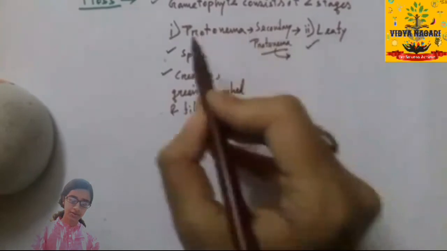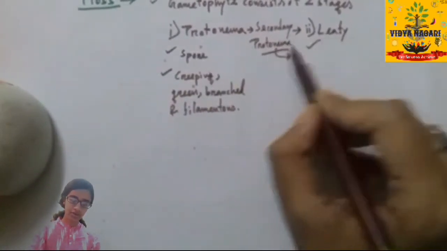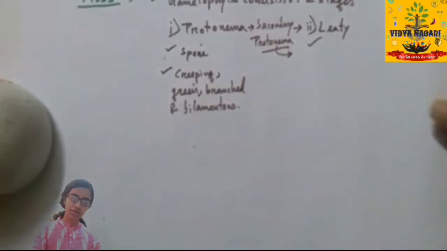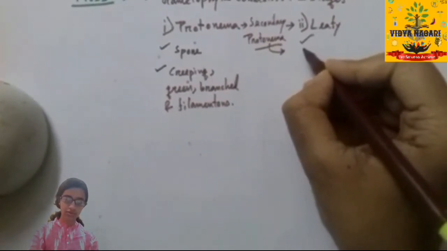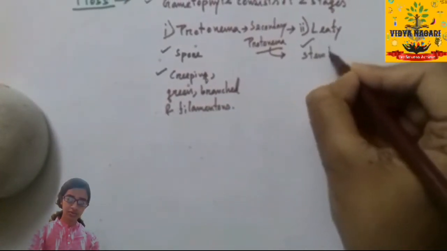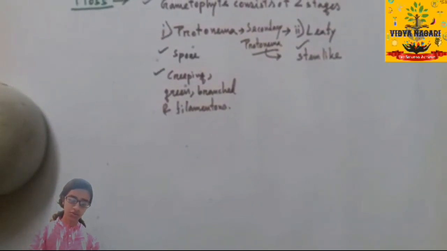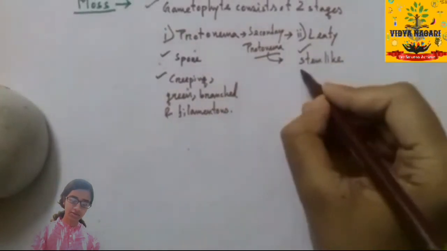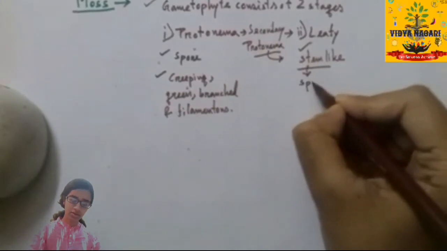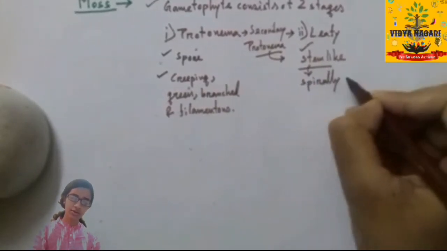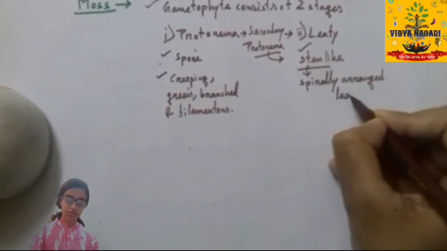This leafy stage consists of a stem-like structure, which is an upright slender axis, and contains spirally arranged leaves.